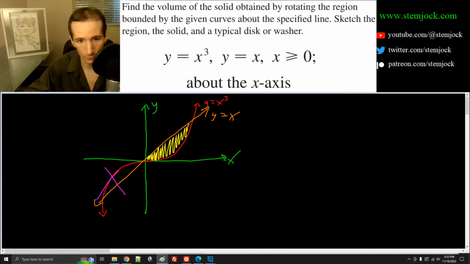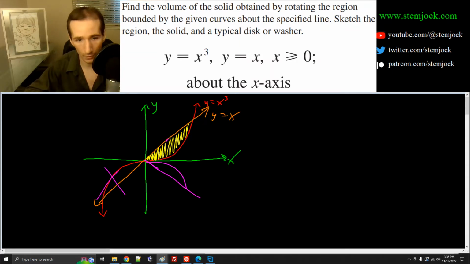It's not necessary to draw the reflection here, but I'm just going to do it to illustrate what this is. So I'm going to draw a reflection of the area of interest about the x-axis. So we're using disks in order to calculate the volume of this revolution here.